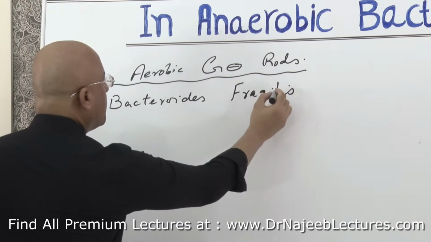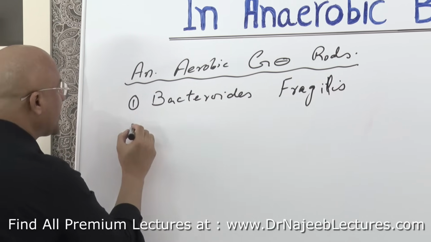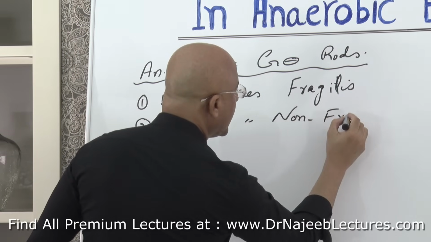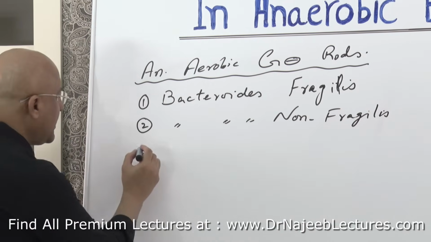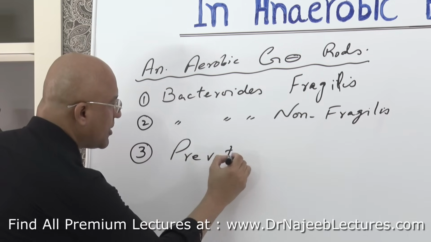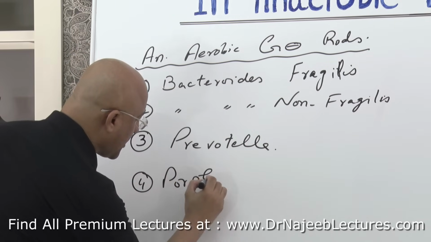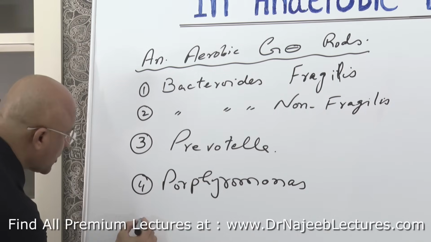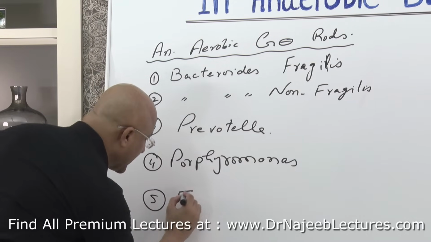Actually Bacteroides is of two types: Bacteroides fragilis and Bacteroides non-fragilis. Both groups are slightly different from each other. Then there is Prevotella, and then Porphyromonas, and both of them are pigment producing, and then there is your friend Fusobacterium.